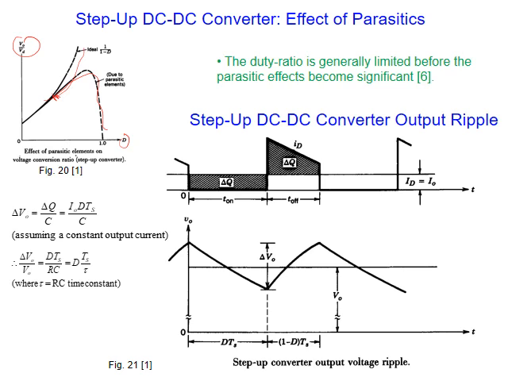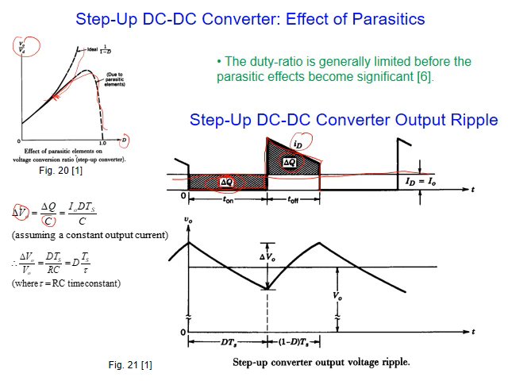Now, for ripple, if I sketch the current of the diode, at the beginning when the switch is on, it has zero current. When the switch is off, it takes the output current in this way. This delta Q equals this delta Q. If I want to find delta V, it will be delta Q over C from the definition of capacitor voltage.